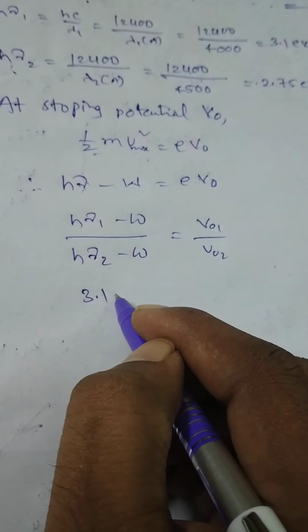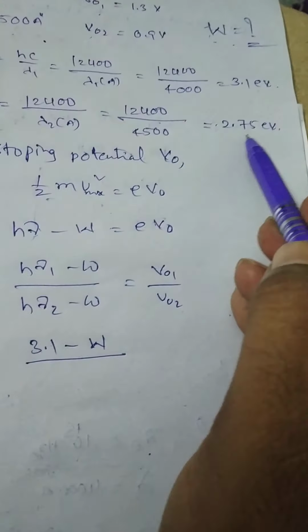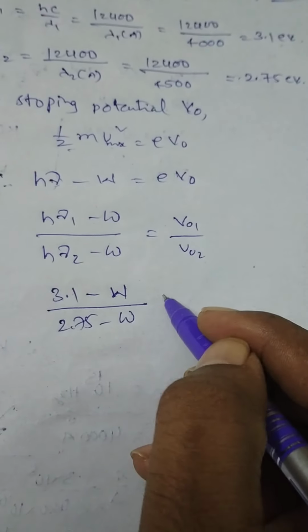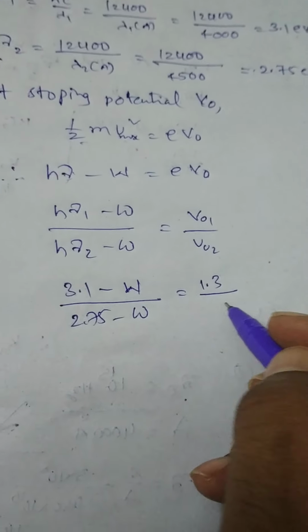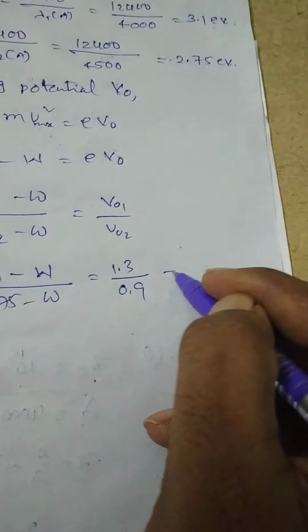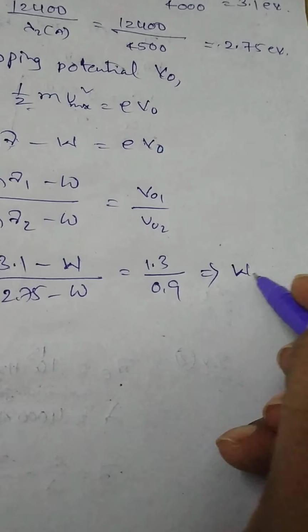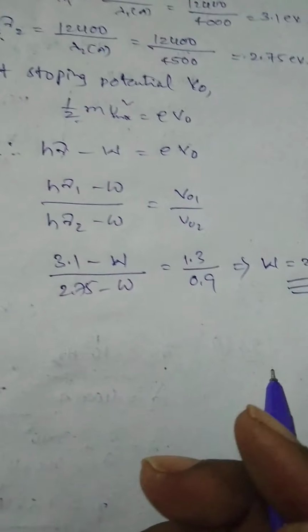So (3.1 minus w) by (h nu 2 minus w), where h nu 2 is 2.75, is equal to V01 by V02, which is 1.3 by 0.9. Right? So on solving this equation, work function is found to be 2.3 electron volts. So this is the given data.